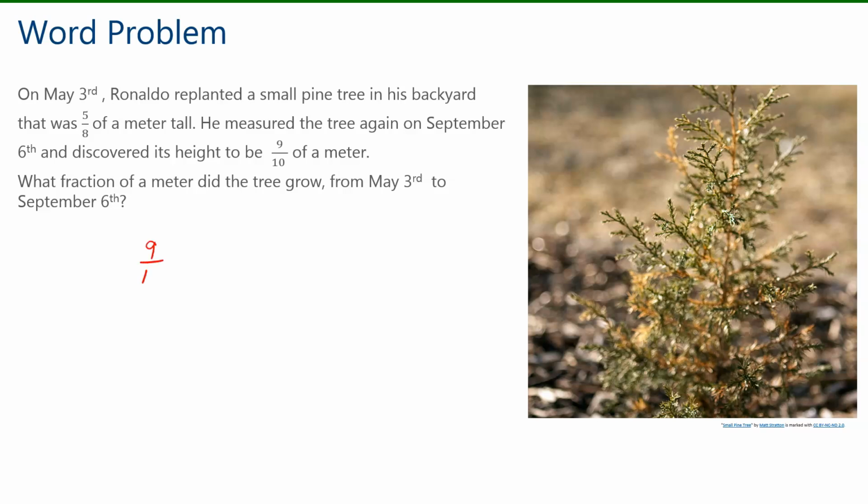Well, on September 6th, it was 9/10 of a meter, and on May the 3rd, it was 5/8 of a meter. To figure out how much it grew, we need to find the difference between the taller height and the shorter height. I look at our denominators. They're different. So I need to find a common denominator.